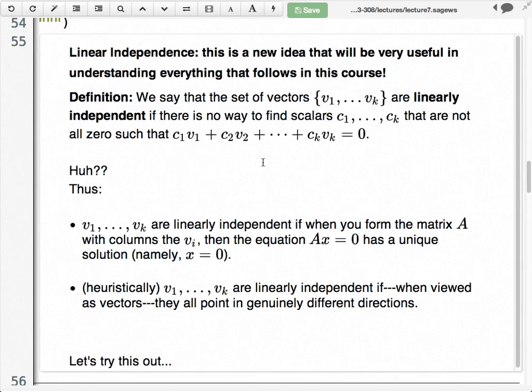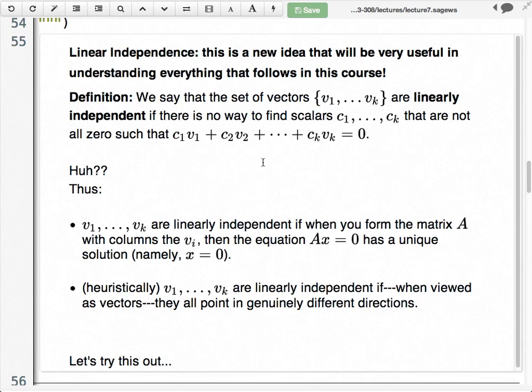All right, let's do another one. Let's say v1 is number 1, and v2 is the number 5, or the matrix with the entry 5. Is this set of two vectors linearly independent or not? I hear a no. I hear more no's.